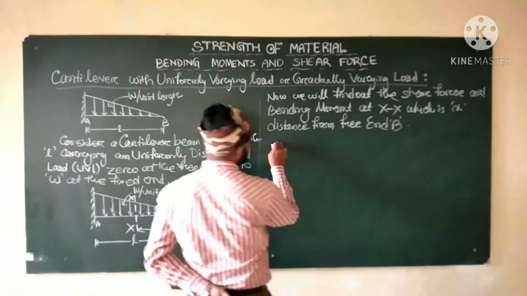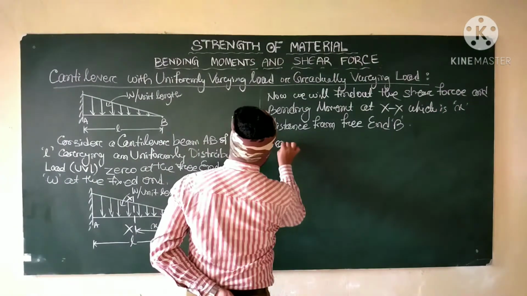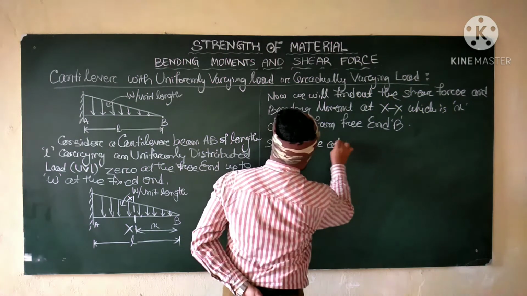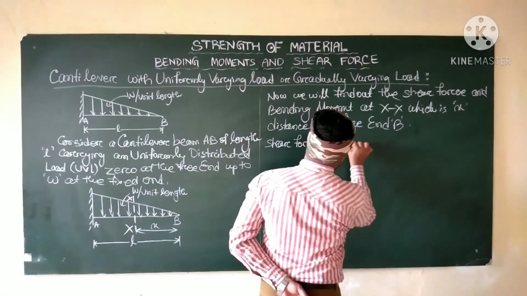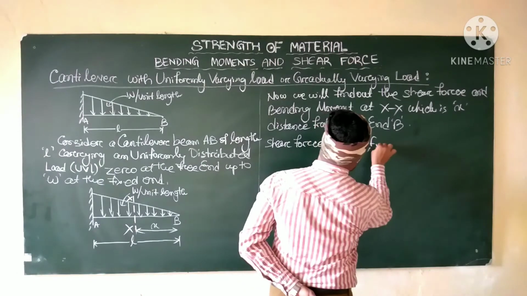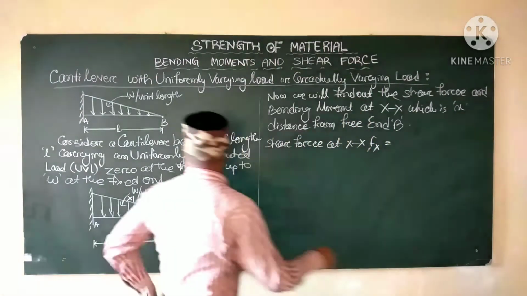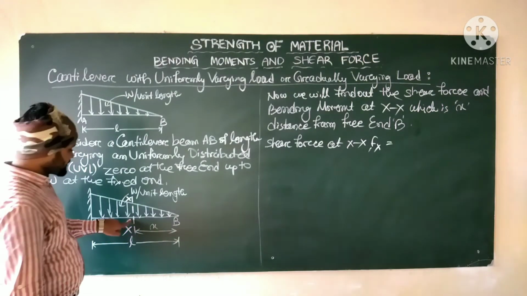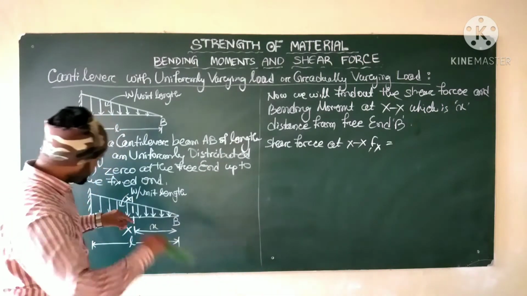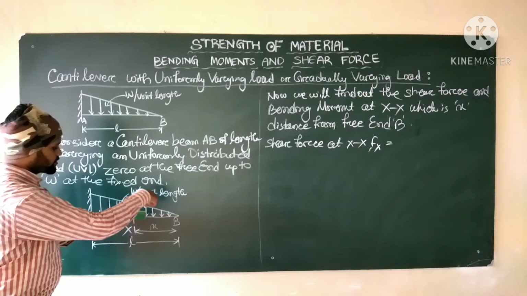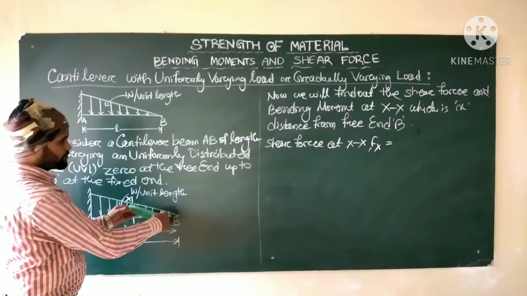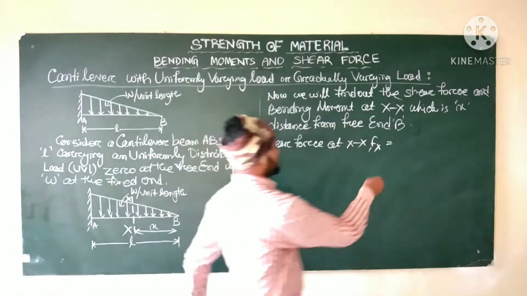So first, shear force at XX, that is Fx, equal to. We will calculate the shear force at this section. This is due to the uniformly varying load on the right hand side of the beam, downward. Right hand side of the beam downward means positive shear force.